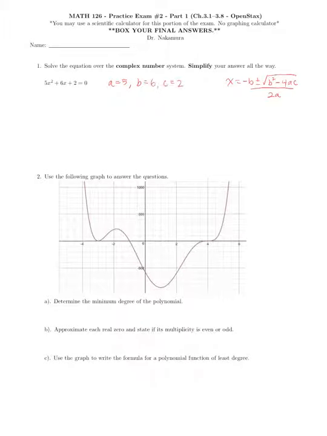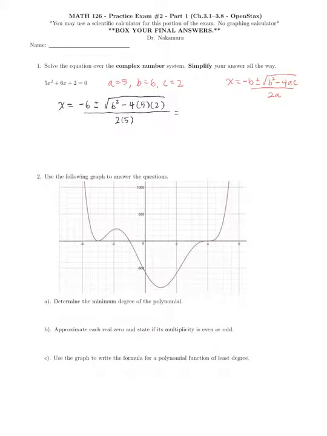So then what do we get? We get x equals negative b, so in this case, negative 6 plus or minus the square root of b squared, so 6 squared minus 4 times a times c, whole thing divided by 2 times a. Now let's keep simplifying.